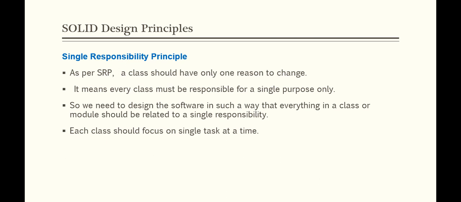That interface should not be very big, and it should be for a particular purpose only. Everything in a class or module should be related to the single responsibility, and each class should focus on a single task at a time. That is what the single responsibility principle says.